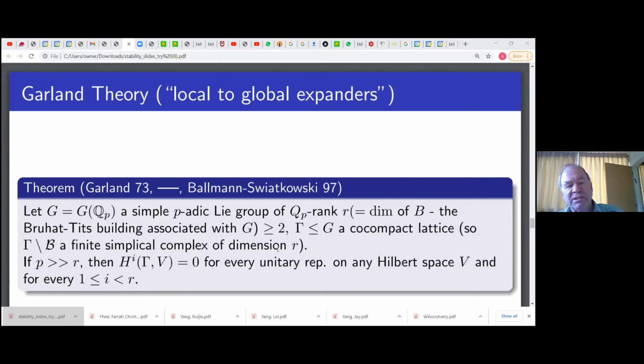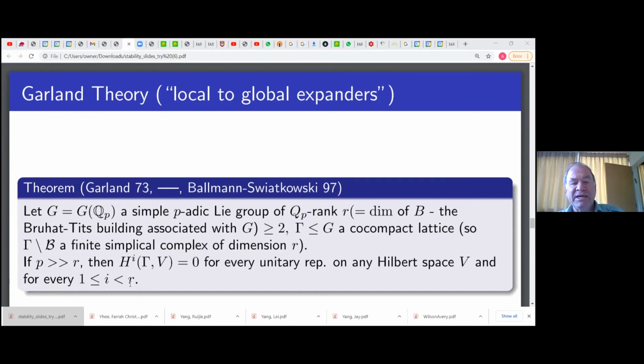What the theorem says is that if the prime P is large enough, then all the cohomology groups HI vanish, for every I between 1 and less than R.